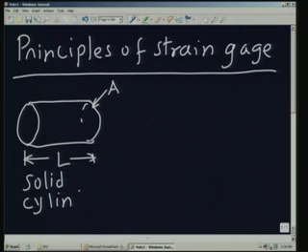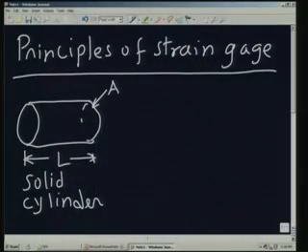Now, let us assume that it is subject to some changes or some strain because of forces acting on it. Suppose I stretch the cylinder, I elongate the cylinder by applying a tensile force. So, the length is going to become, in other words, L plus dl.